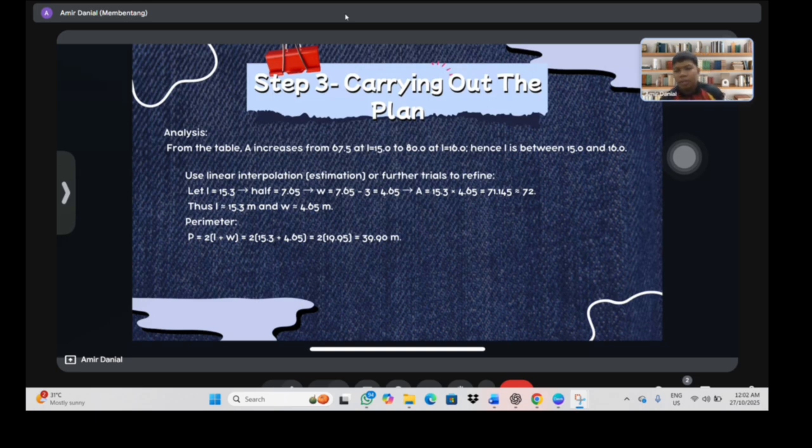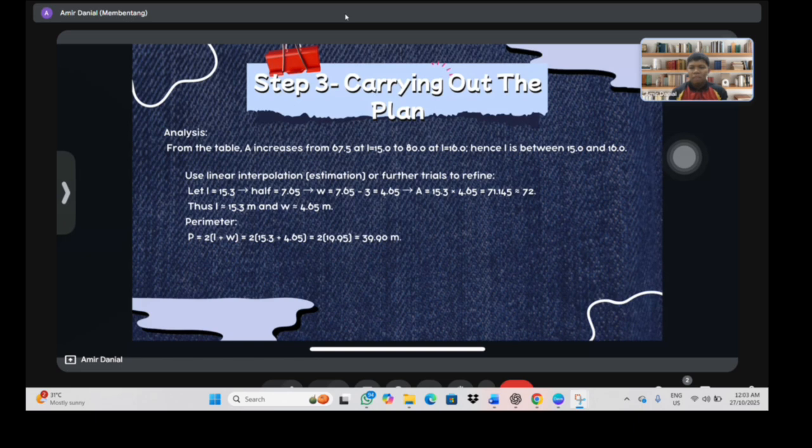Let L be 15.3, half is 7.65, width is 7.65 minus 3 equals 4.65. A is 15.3 times 4.65. We got 71.145, approximately 72. Thus L equals 15.3 m and W equals 4.65 m.